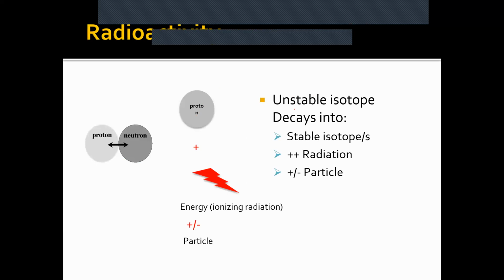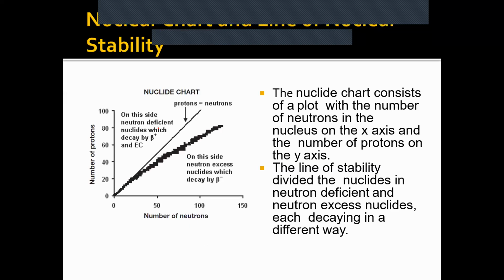And so here's what we're saying: if you have an isotope, so same number of protons, but more neutrons in this case, if it's unstable, it's going to decay into a different isotope that is stable, and it will also produce particles, which is the stuff that fell off, basically, and it will produce a lot of energy. Okay?